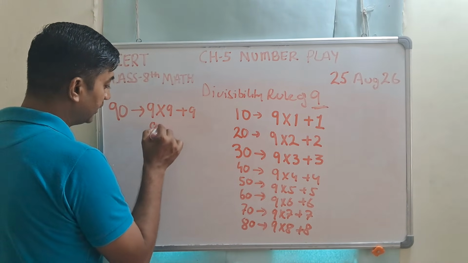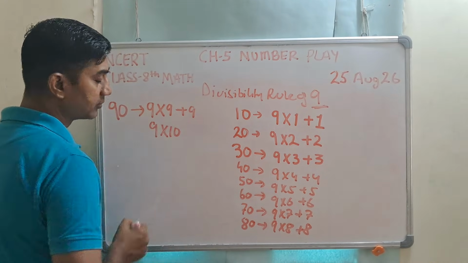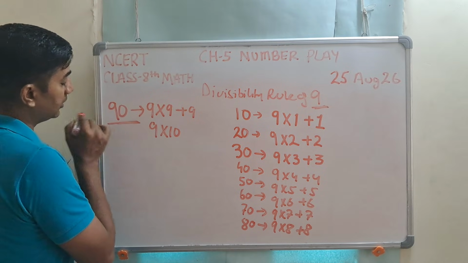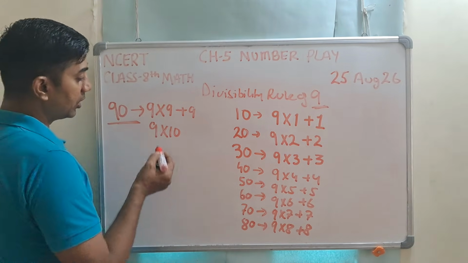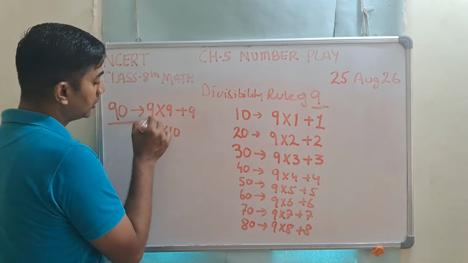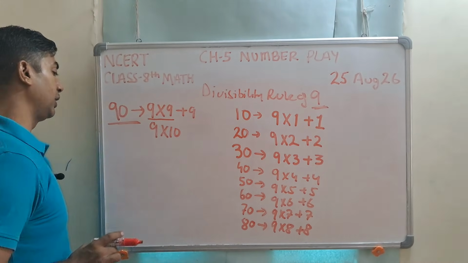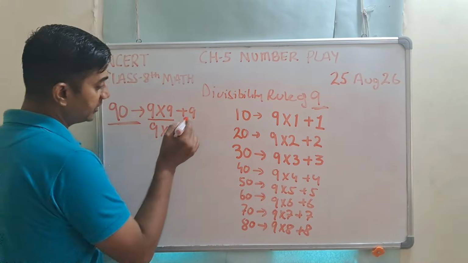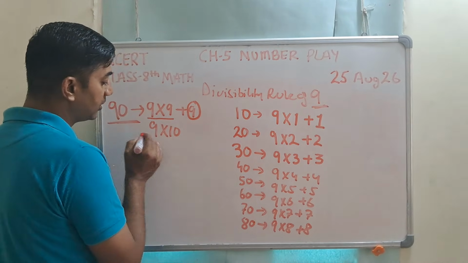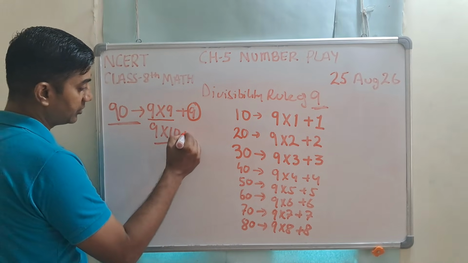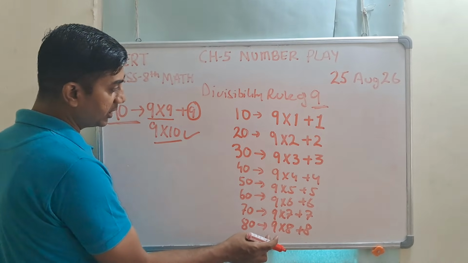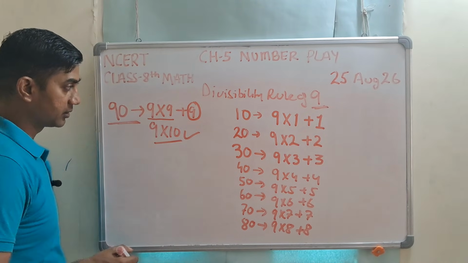Actually this is 9 into 10, right? So 90 is divisible by 9, because if you represent this number in this pattern, you will find that this number is divisible by 9, and this remainder is also divisible by 9. Actually this is a wrong process. We are supposed to write it like this. Understood? But since we are writing all these numbers in a pattern, that's why I have written this.